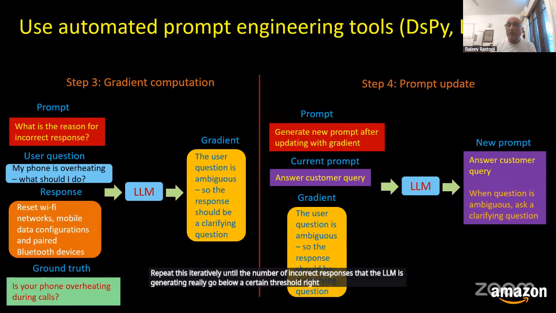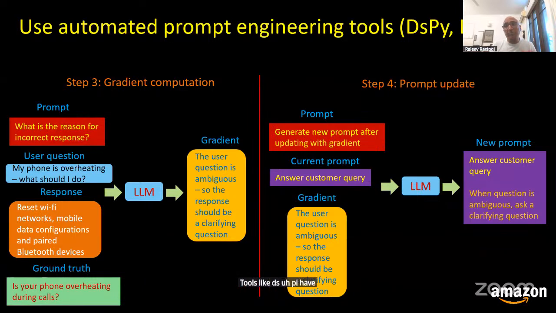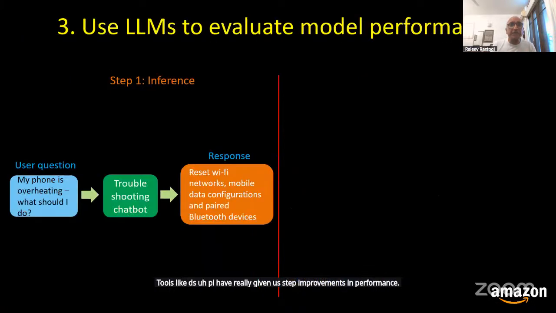So I think using automated prompt engineering tools is also a good practice that you should definitely try. We have seen in many of our applications, tools like DSPy have really given us step improvements in performance for some applications.